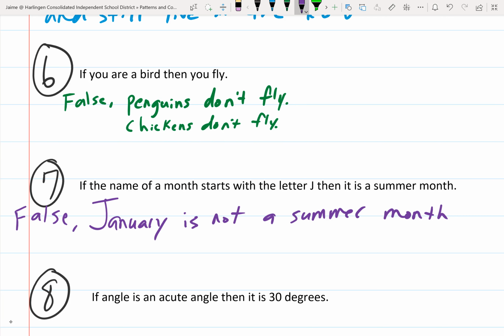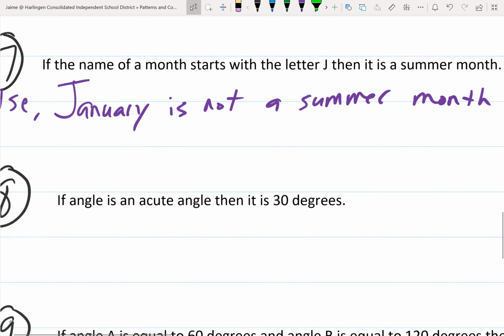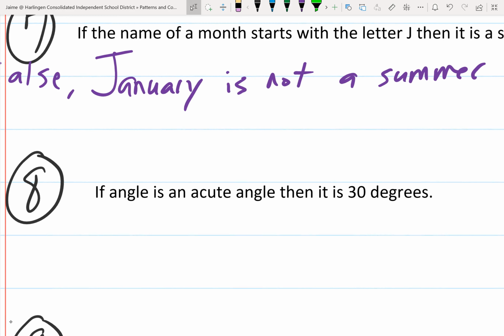Now, are all the statements going to be false? No, of course not. Then you have to think about it. Number 8. It says if an angle is an acute angle, then it's 30 degrees. Is that true or false? If an angle is 30 degrees, then is it acute?